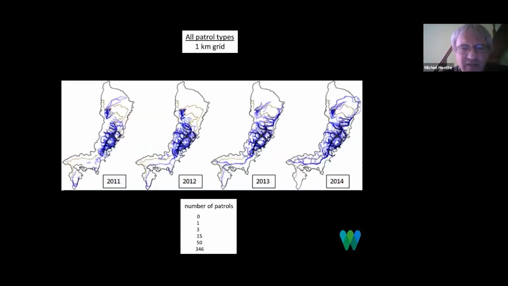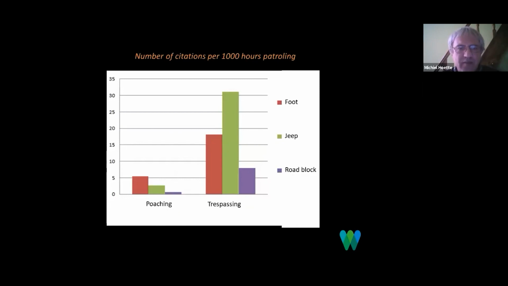I show some examples of analysis that can be done with the SMART program. For instance, an overview in various years of the patrol coverage in a protected area. What is also interesting is to analyze differences in the effectiveness of various patrols.